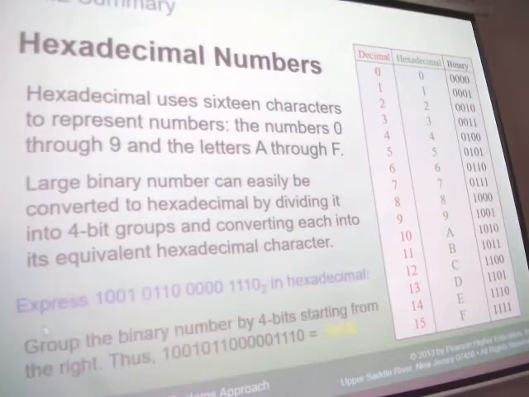For example, like this binary number: 0 1 0 1 0 1 0 1 1 0 0 0 0 0 1 1 1 0. This is a binary number.